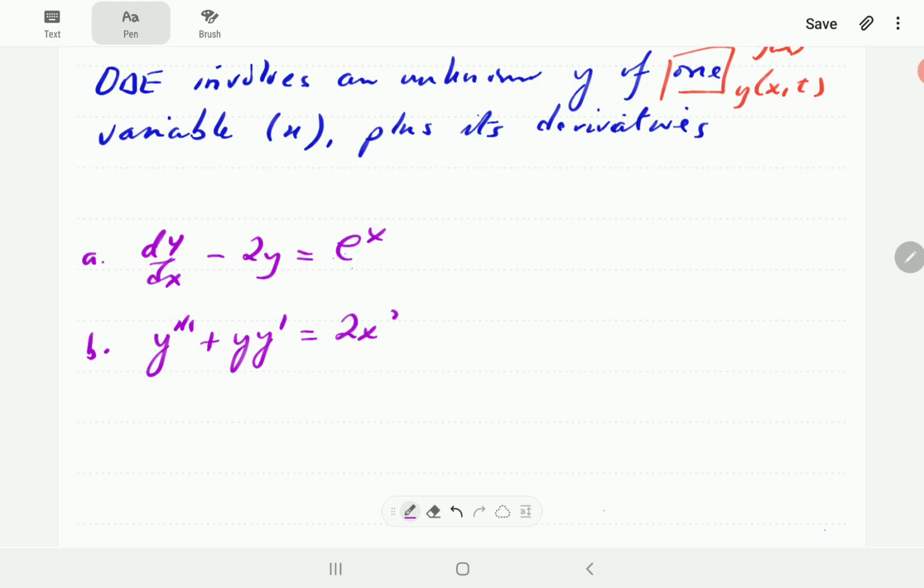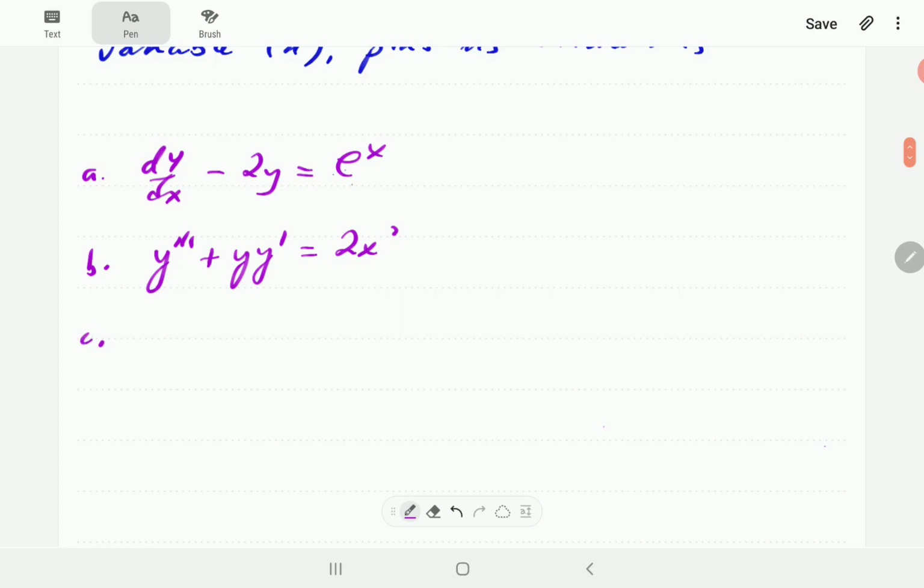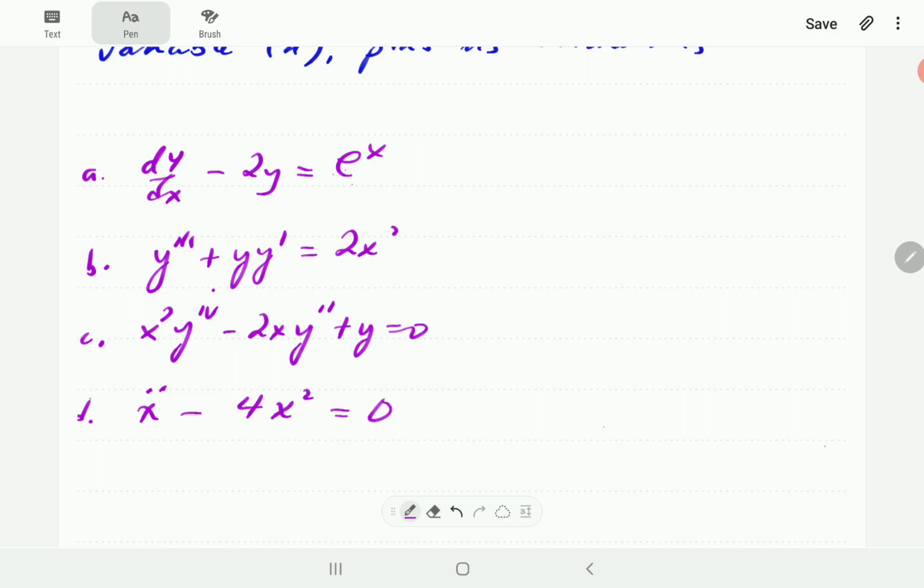That's an ODE. x squared times the fourth derivative of y, minus 2x y double prime, plus y equals 0. And lastly, x double dot minus 4x squared is equal to 0.